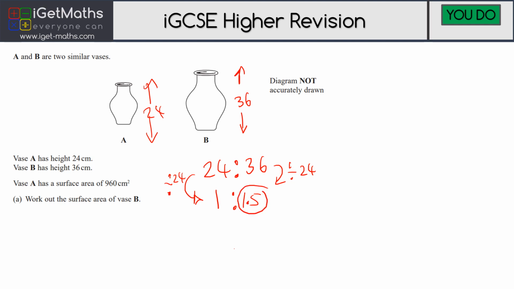To get the area scale factor, we will go 1.5 squared. That gives us 2.25. And now to go from 960, which is the smaller surface area, to the bigger surface area, you do 960 times 2.25. That will give us 2160.